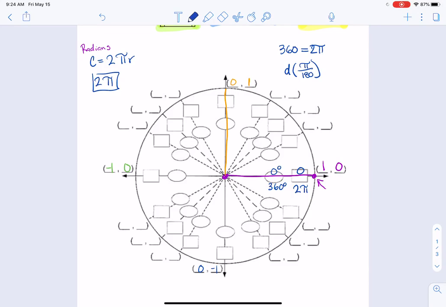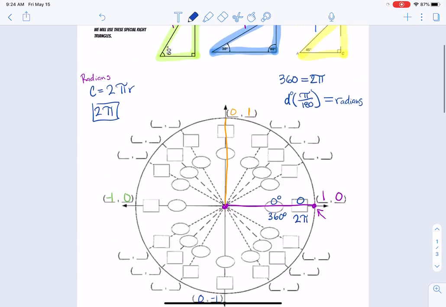If you take 360 degrees and multiply by pi over 180, you get 2 pi, because 360 divided by 180 is 2, and the pi is just left over. So that is our conversion. You take your degrees, multiply by pi over 180, and that will give you your radians measurement. That's how we're going to get all the radians on these.